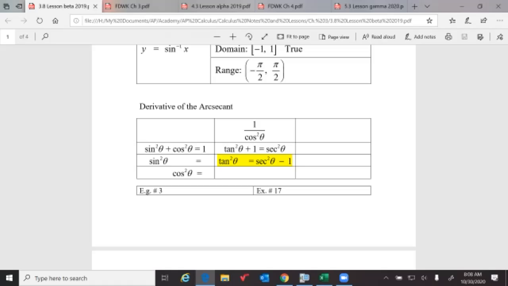Cosine squared over itself would be a 1, and 1 over cosine squared is secant squared. Then what? Well, we use this as part of the derivation of the derivative of arctan. So we rewrite it and isolate tan squared theta by itself. It's equal to this. But that's what they're going to use moving forward.